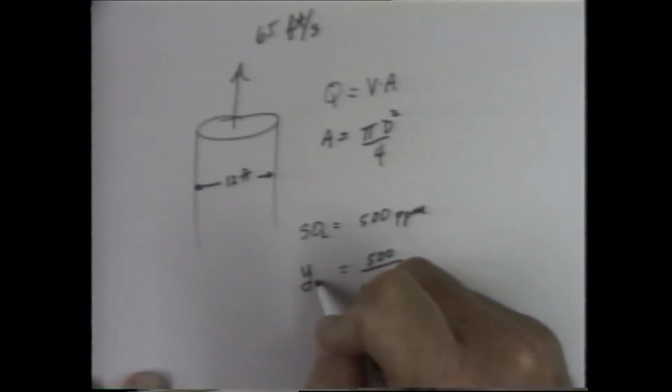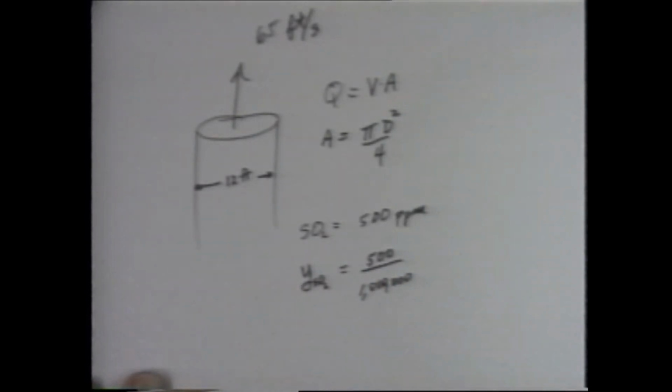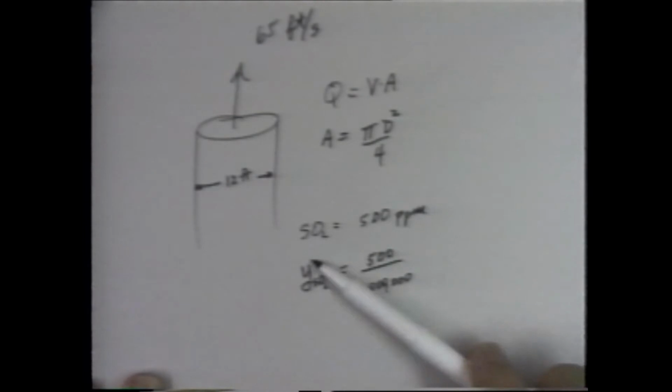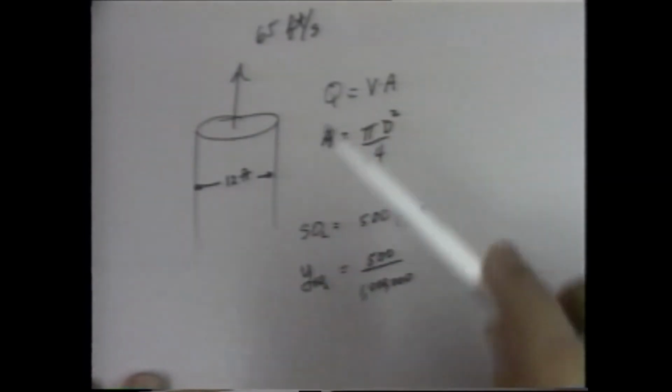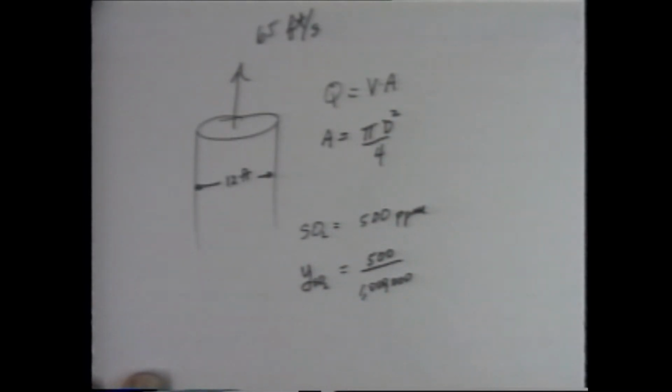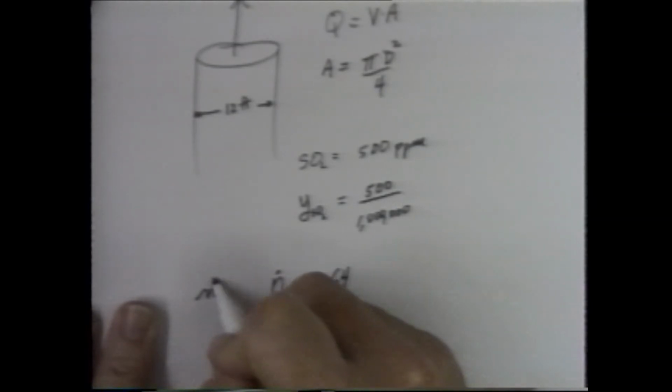So I think you can see we're headed to calculating the moles of SO2 leaving by simply applying the mole fraction to the total volumetric flow. And then once we have the molar flow rate of SO2, all we have to do is multiply that by the molecular weight, 64, to give us the mass flow rate of SO2.